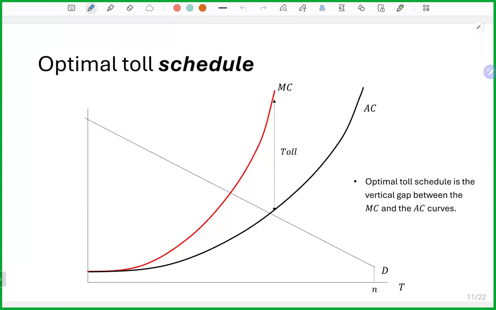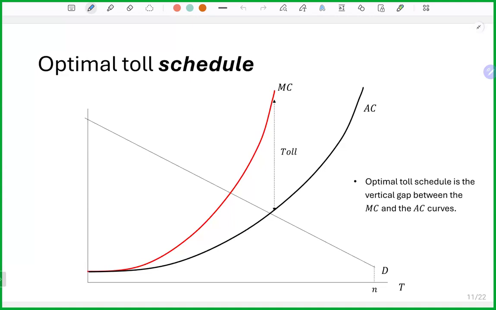So, marginal cost, average cost, okay, and then we have the demand curve, okay, we have this demand curve, and what is the total value here?